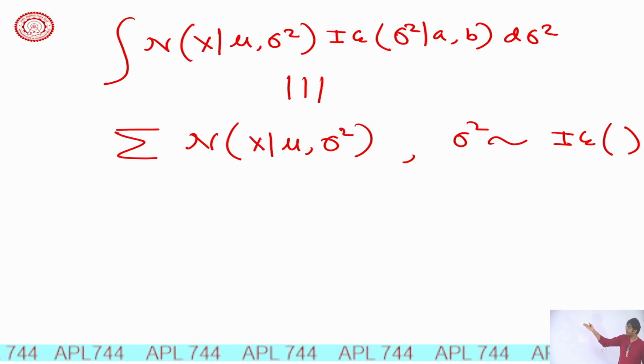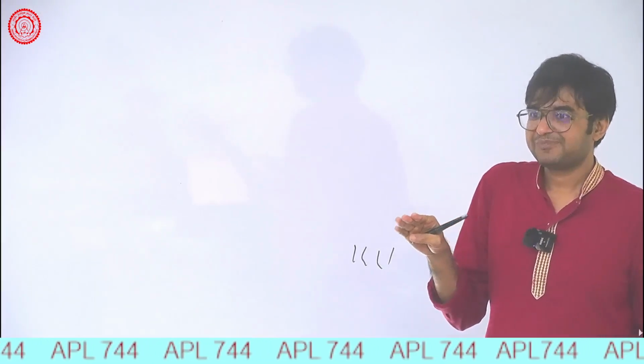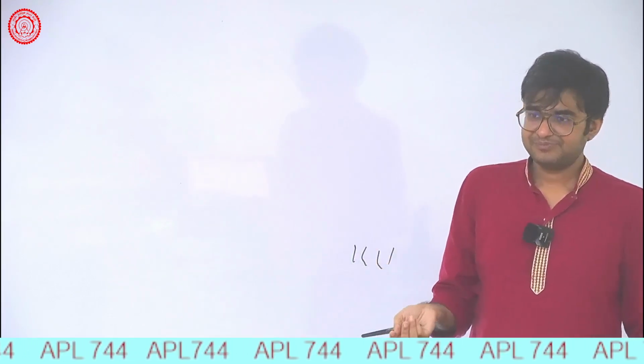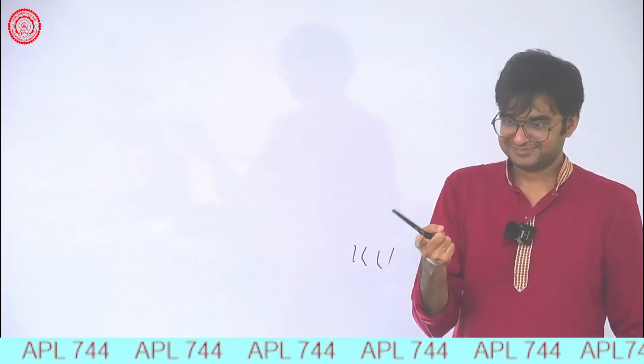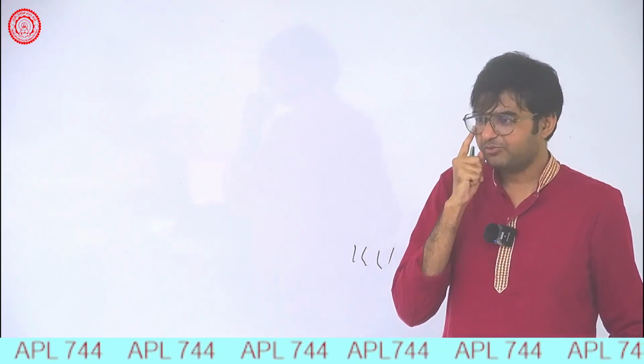Can you write integration as a summation? You did this in practical 0. How do you do that? How do you write integration as a summation? By converting it to an expectation, and then using sampling.